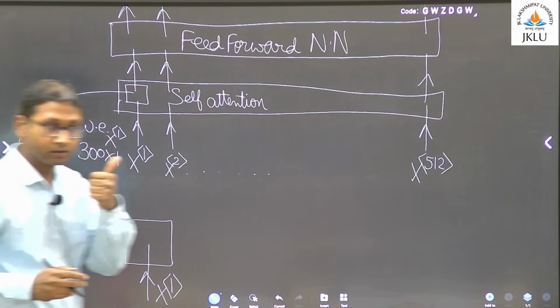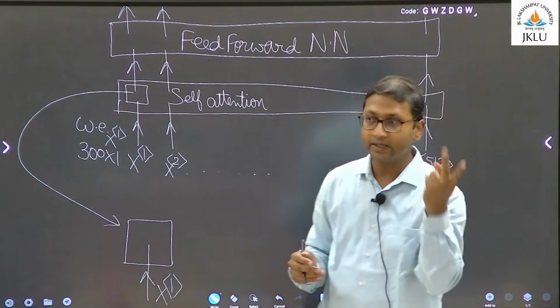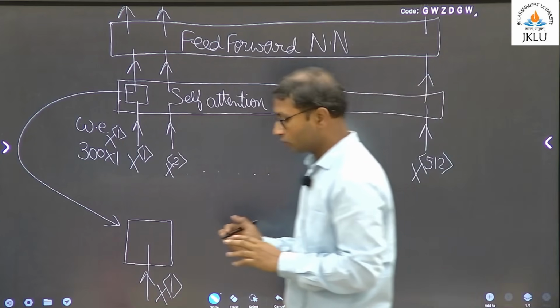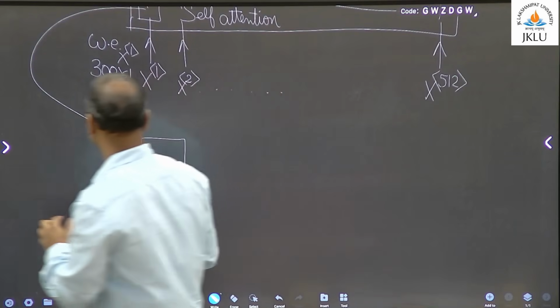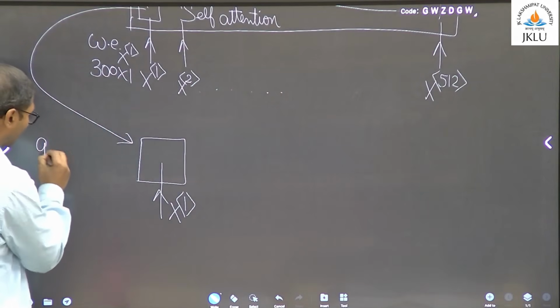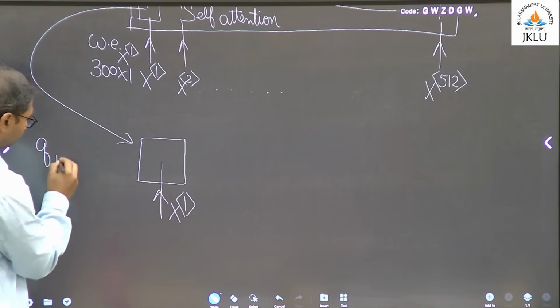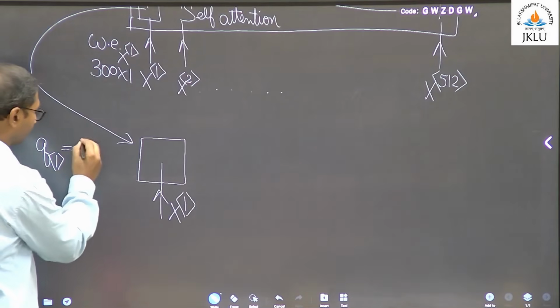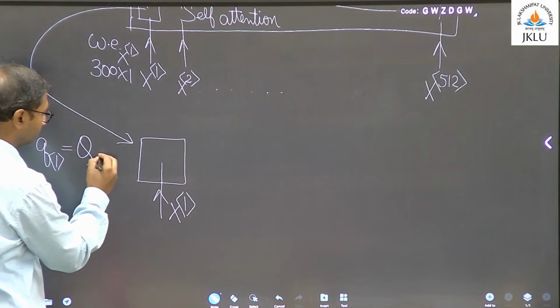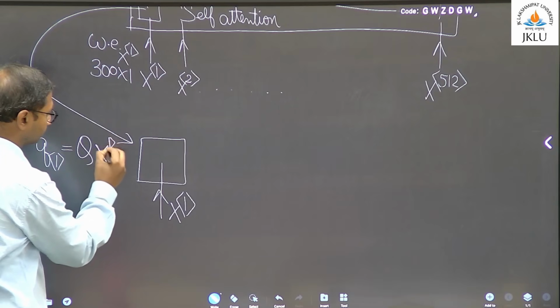What were they? Query, key and value. How will I get my query vector for x1? Q1 is capital Q times x1.